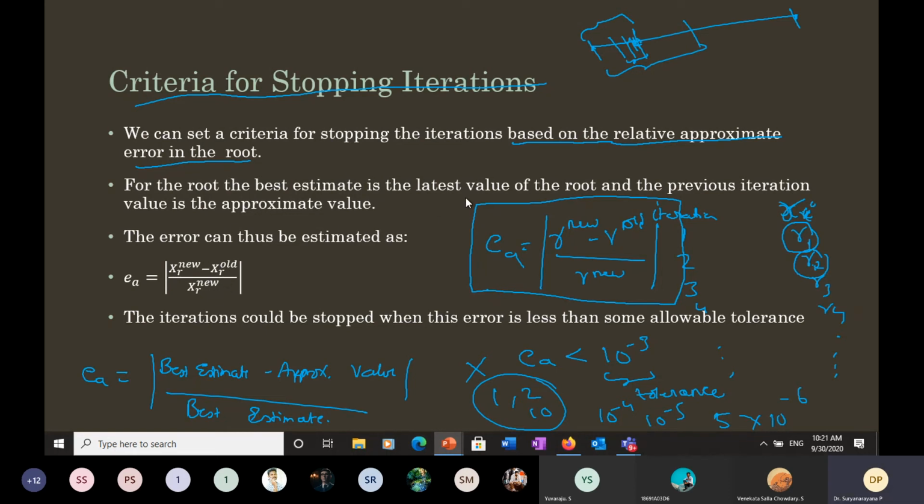So when we do iterations, whenever you have an approximate value, whatever solution you get at a stage in your computations, say you have done 10 iterations, you have the 10th iteration value for the solution. That is your approximate value.